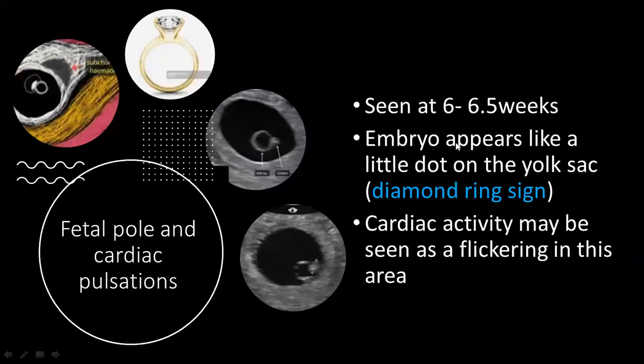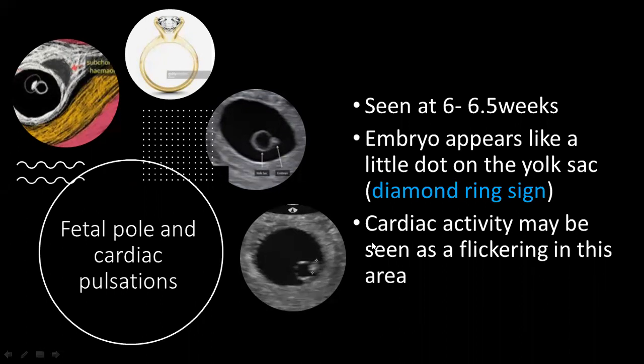So coming now from our yolk sac, at approximately 6 to 6.5 weeks, our embryo then appears. It appears as a small little dot, which is seen adjacent to the yolk sac. And this gives rise to what is called the diamond ring sign. This is actually a positive sign of early embryonic development.